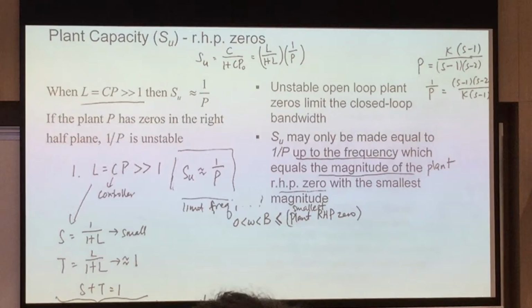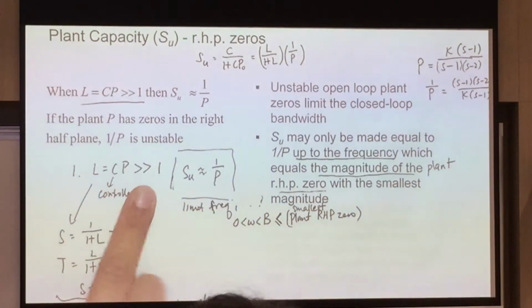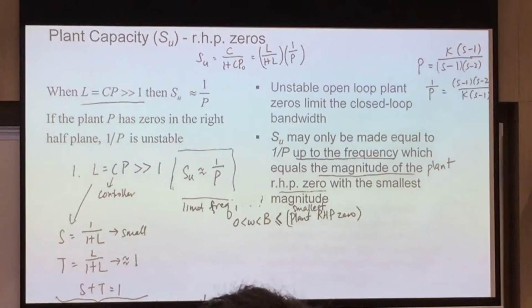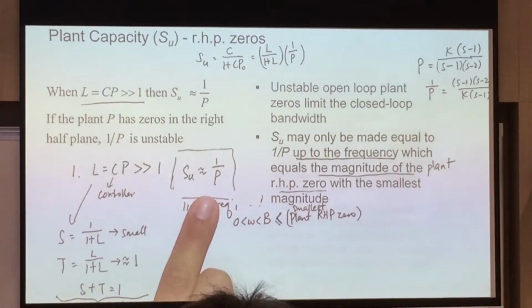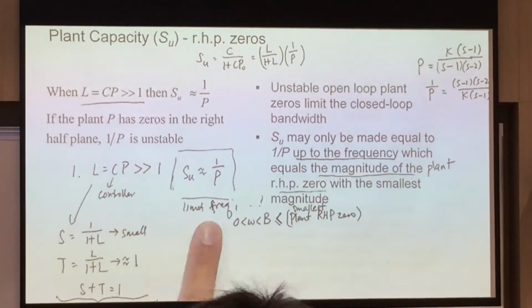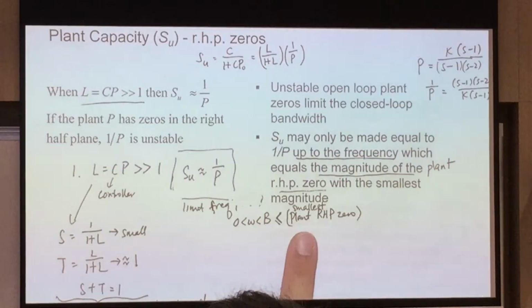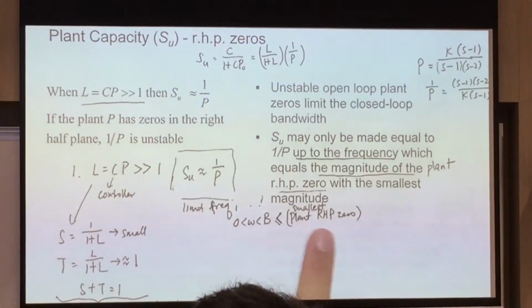Basically, L is Cp, and if Cp is very big, Su is approximately 1 over P. If there are unstable zeros in P, 1 over P has unstable poles. So operation of your system is limited in frequency from 0 to B, where B is smaller than or equal to the smallest right-hand plane zero of the plant.